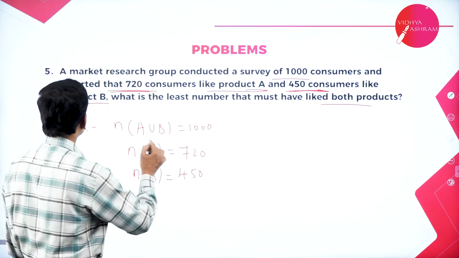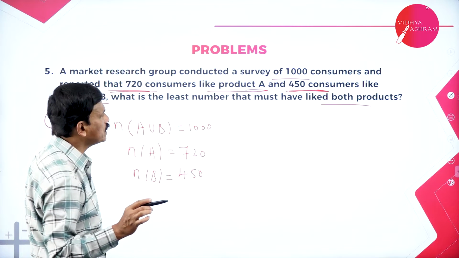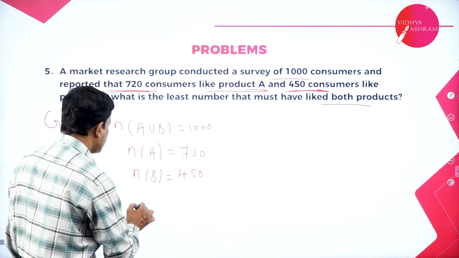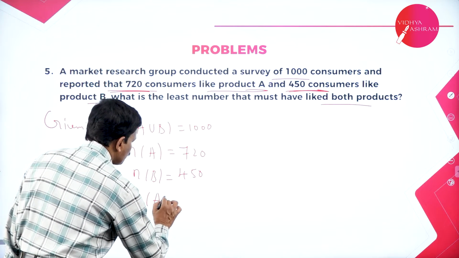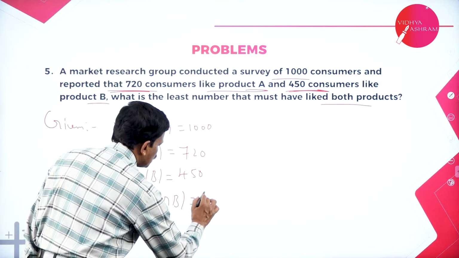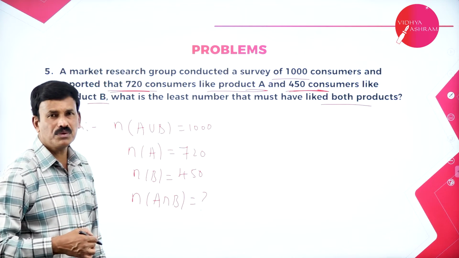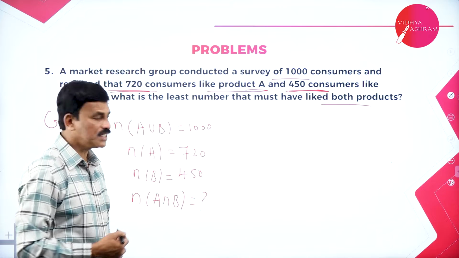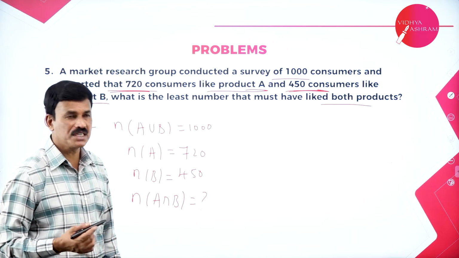Now, what is required to find, what is the least number that must have liked both the products, means n of A intersection B. This is the simple problem. So, these are the given conditions. What is required to find is n of A intersection B.